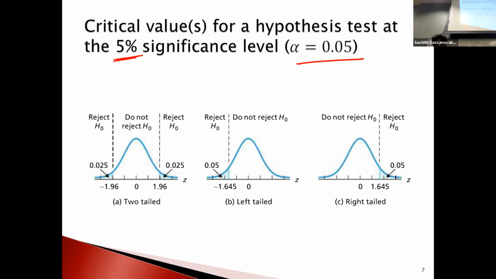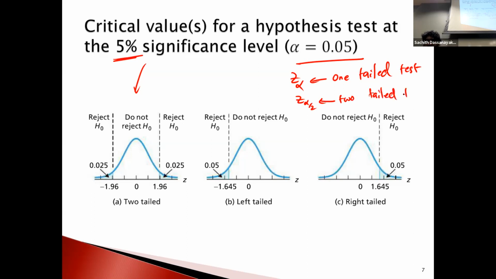If you are considering a two tail test, alpha is 0.05, which means you have to find the critical value first. You find C alpha for a one tail test, and you need to find C alpha over 2 for a two tail test.